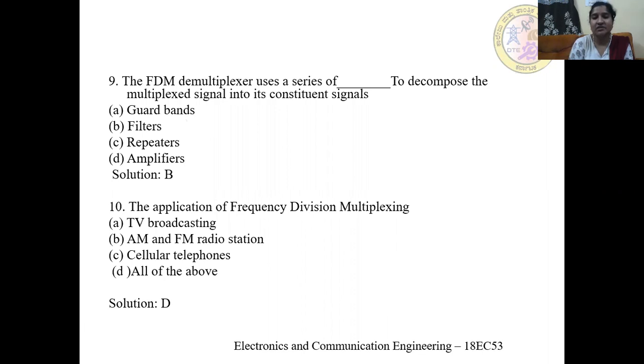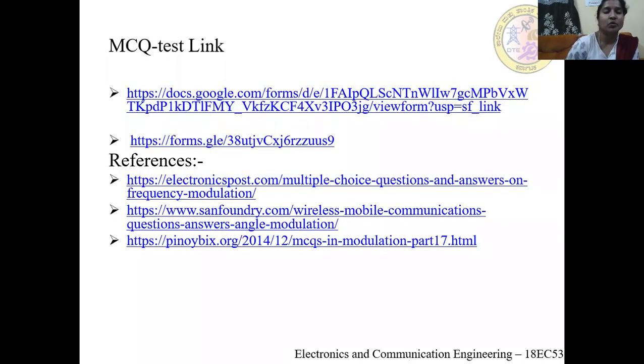So the answer for this is option B, filters. Next, the last question, 10th question. The application of frequency division multiplexing. The options are TV broadcasting, AM and FM radio stations, cellular telephones, all of the above. So the answer for this is D, all of the above.